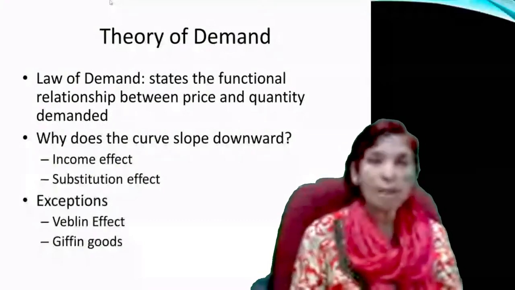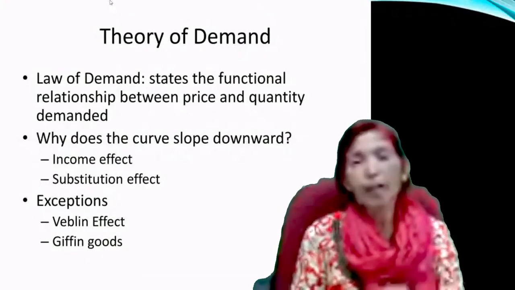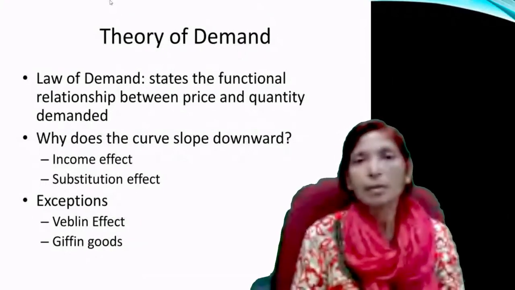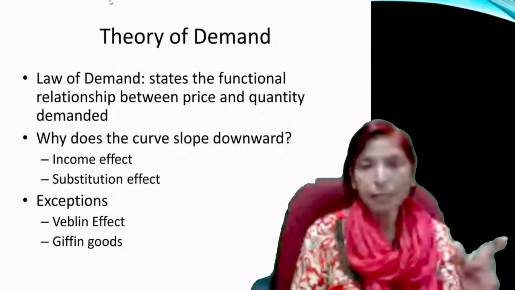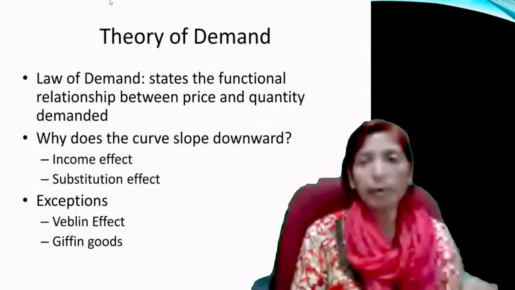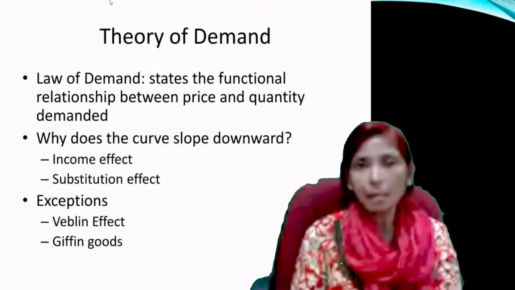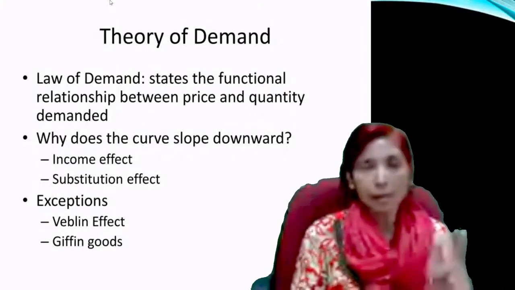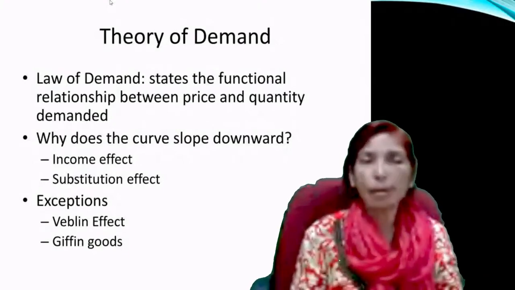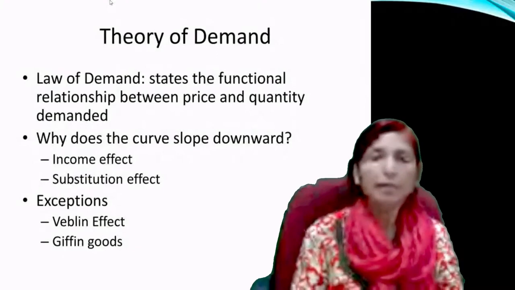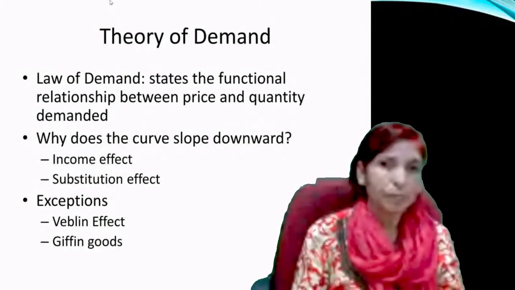And due to the fall in purchasing power, demand for that commodity will also fall. So at a higher price, our purchasing power will be lower, and demand for the commodity will also be lower. There is an inverse relationship between price and demand. That's why the demand curve slopes downward, and it lies in this income effect.